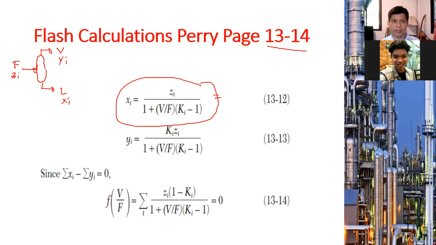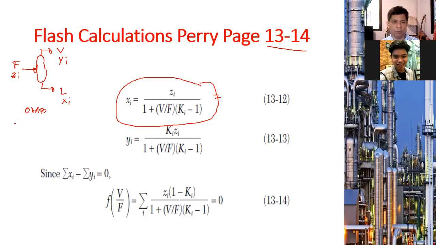So kung tandaan nyo pa ang check-out nyo, halimbawa mag-overall mass balance tayo. Basically, ang gagawin lang natin, mag-overall mass balance tayo, tapos mag-component balance tayo. Component mole balance. Kamukha nung ginagawa nyo sa check-out.